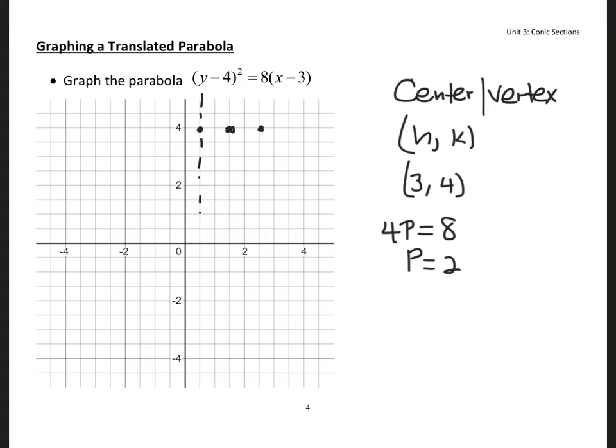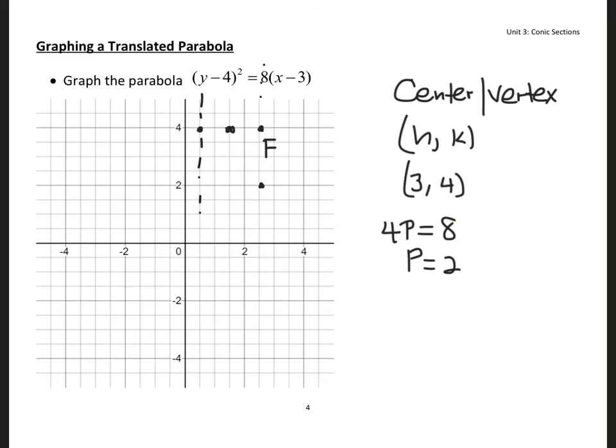The focal width is 8, so this is my directrix. This is my focus right here. So 1, 2, 3, 4, and it's going to be 1, 2, 3, 4.